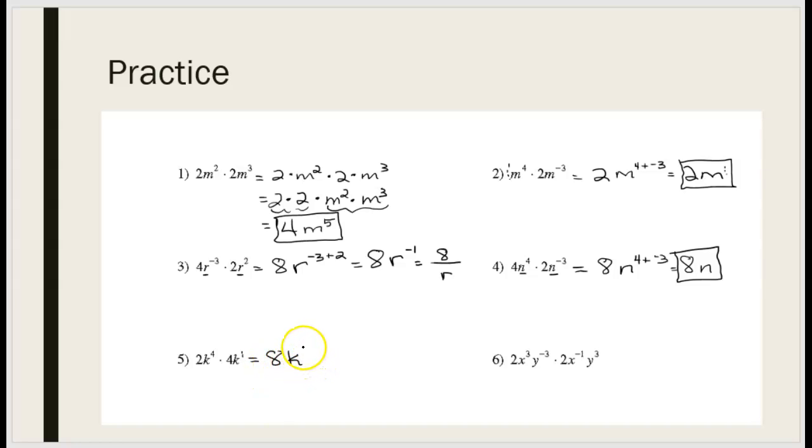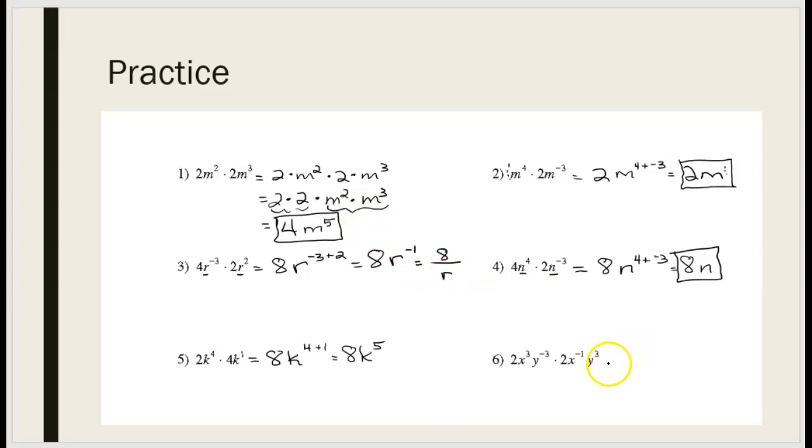So this is going to become 8k to the 4 plus 1, which is 8k to the 5th. Obviously, the big mistake that a lot of people would make on a problem like this is they would forget, because they don't see the exponent hanging there, to add that 1 to the 4. But it is, in fact, a k to the first power, so we would have to add that 1 to be correct about this. Okay, go ahead and work out number 6, and we'll check your answer when you get back.